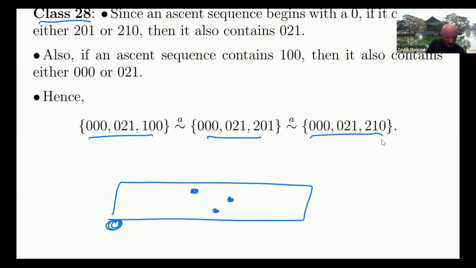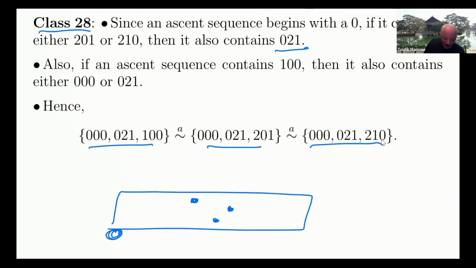So if it contains 201, that means it contains 021. Because of that, you see, avoiding this is the same as avoiding this one. And this is the same as avoiding this one. So to avoid these 3 patterns is the same as to avoid these 2 patterns.